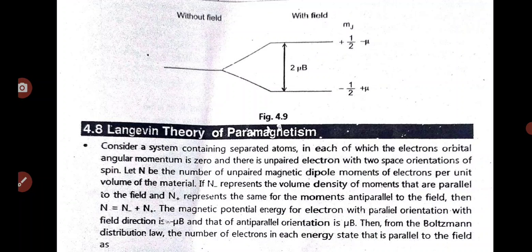For the field direction the energy is minus mu B, and for the anti-parallel orientation it is plus mu B. This is calculated by the Boltzmann distribution law, the number of electrons in the energy state parallel to the field.